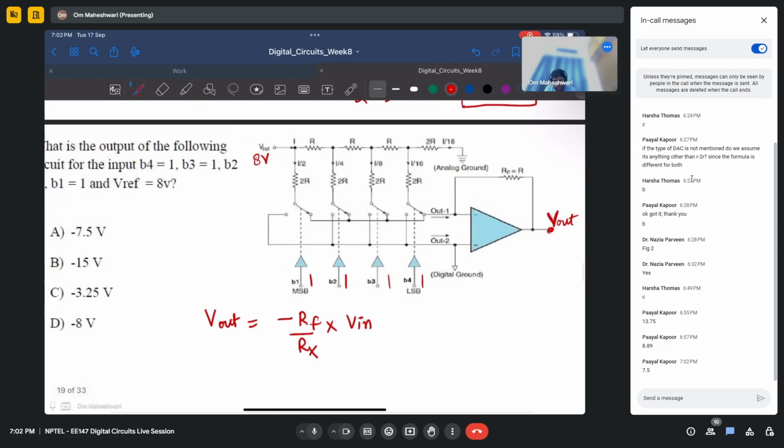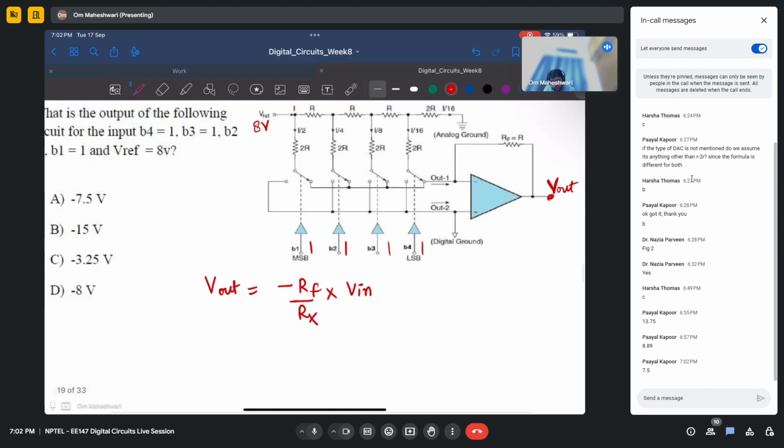This formula is true for this kind of op-amp, minus plus. So for this op-amp, this is Vout, right?